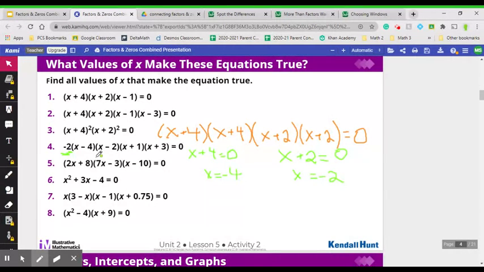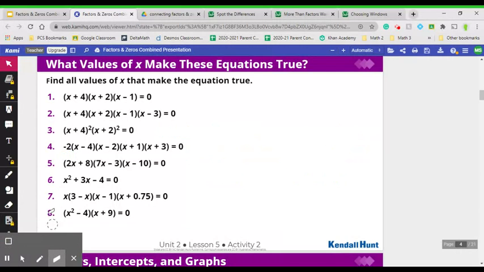So in number 4, it's kind of just the same thing as the previous problems. And same thing with some of these other ones that we can look at real quick. So for number 5, for instance, we can still make each one of these 3 parentheses, we can set it equal to 0. So for instance, I could take 7x minus 3 and have that equal 0.